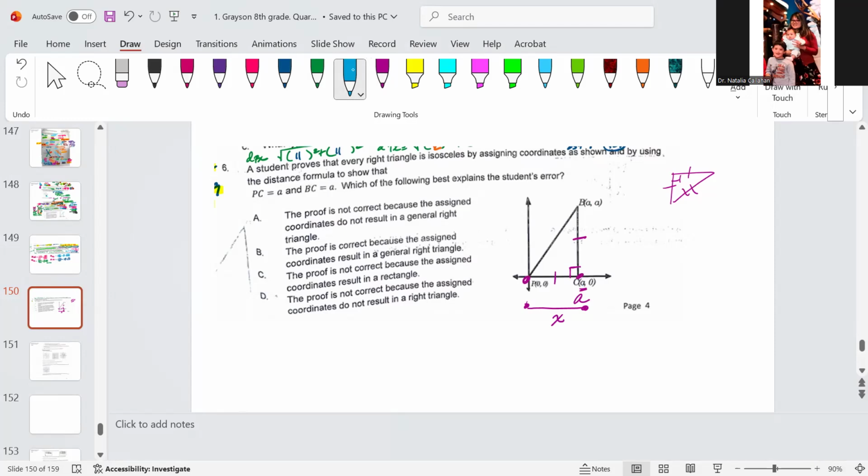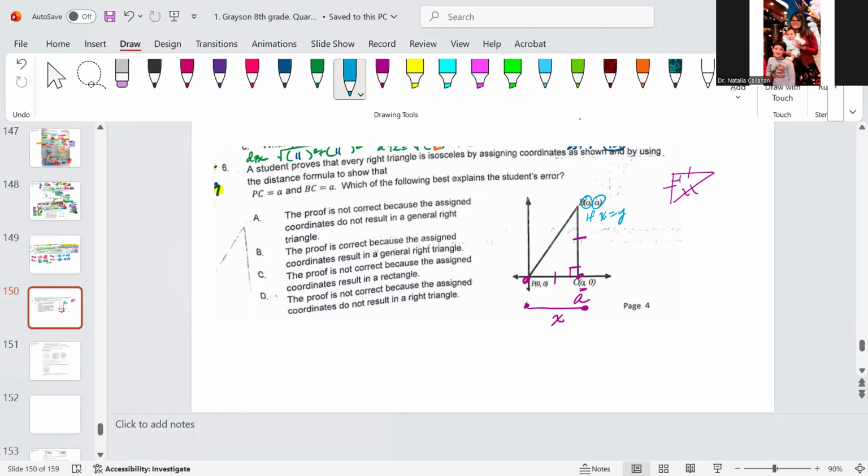And we can't always assume that, right? Because you're saying if x is equal to y. If this here is A, why is this part A? And why is that part A? Does that make sense? So the proof is not correct because the assigned coordinates do not result in a general right triangle. That's not necessarily true.